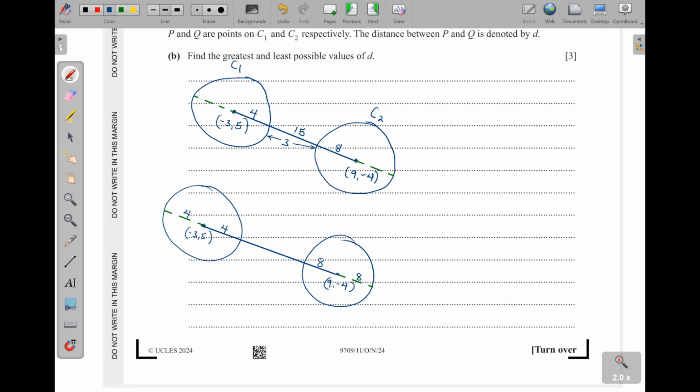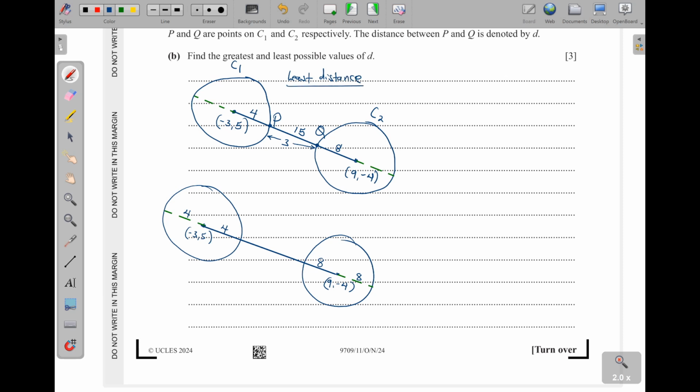So the points P and Q, they say they are on these circles. So P is on C1. So for the least, I'm going to use these direct ones. So P can be here, Q can be here. That means this one will give us the least distance. You see that? The least distance.